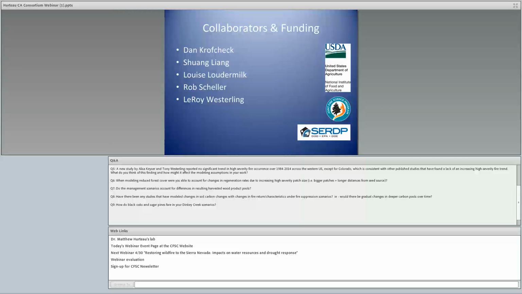I would expect that there's a few pieces of the puzzle that we're missing, and one is inputs of black carbon into the system with regular prescribed burning and the like that could alter total soil carbon. But when I presented the results on total ecosystem carbon, that is both above and below ground.